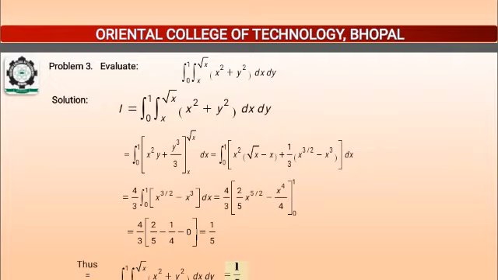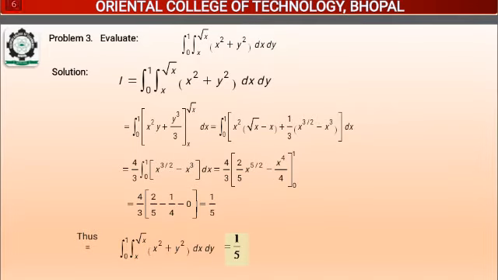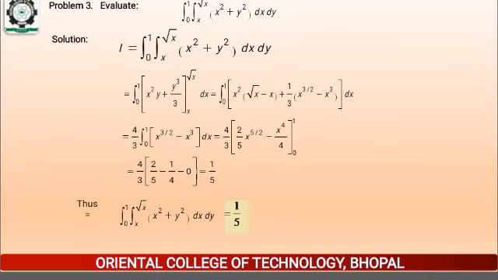Come to next question. Evaluate integration 0 to 1, integration x to root x of x square plus y square dx dy. First we integrate this integral with respect to y. Integration of x square is x square y because x square is a constant, plus integration of y square is y cube by 3. After putting limits x and root x, the integral becomes integration 0 to 1 of x square root x minus x cube plus 1 upon 3 of x cube by 3 minus x cube dx.